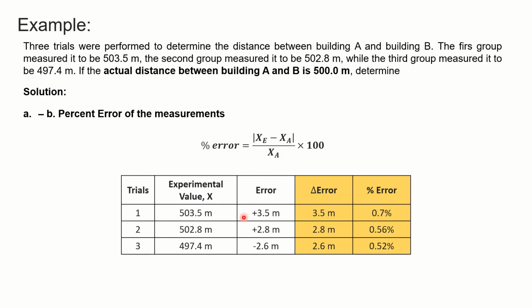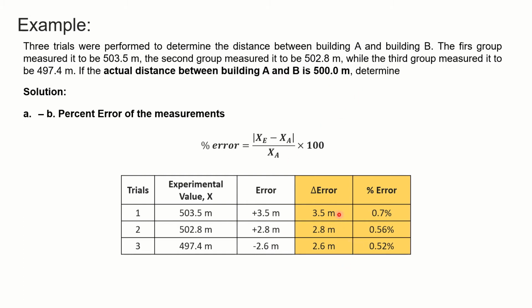So here, 503.5 is 3.5 higher than 500 meters, 502.8 is 2.8 meters higher than 500 meters, and 497.4 meters is 2.6 meters lower than 500 meters.